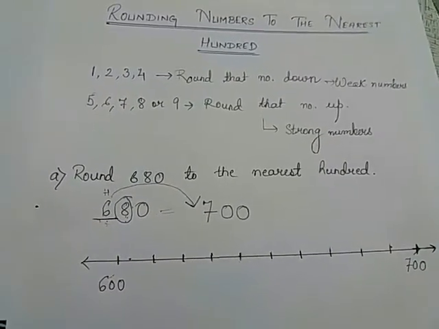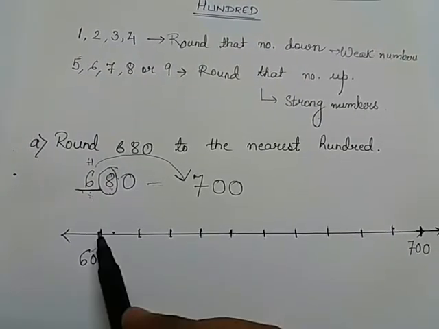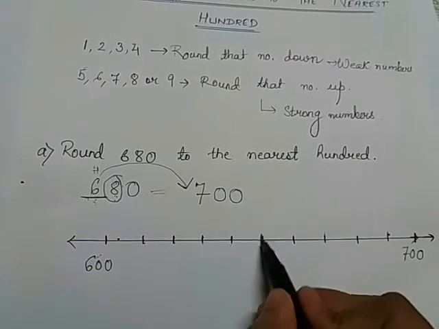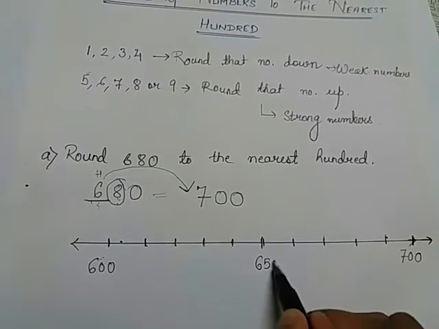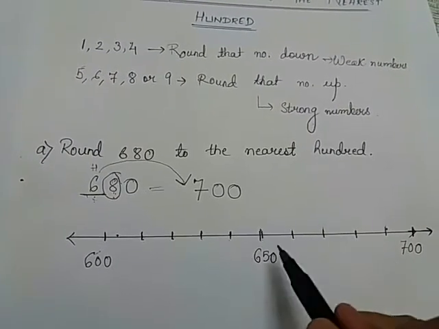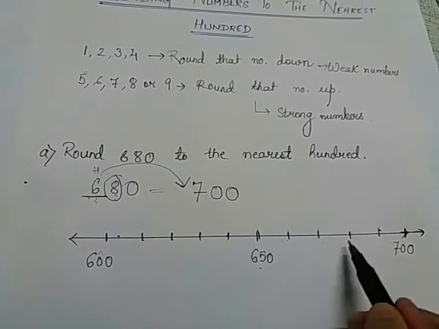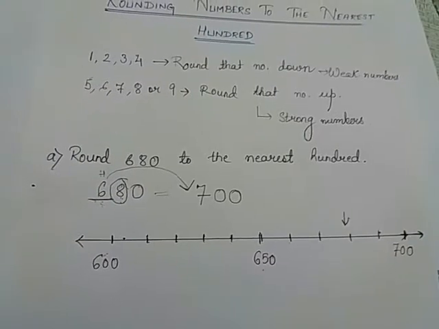So this is 700. This will be our 650. So if this is 650, then 660, 670, 680, this is where 680 will lie.